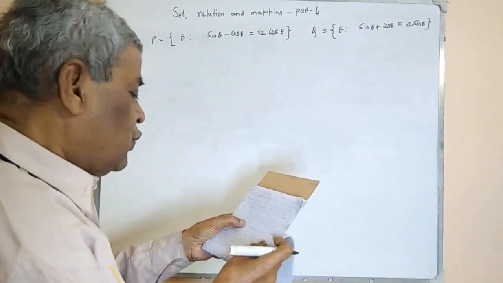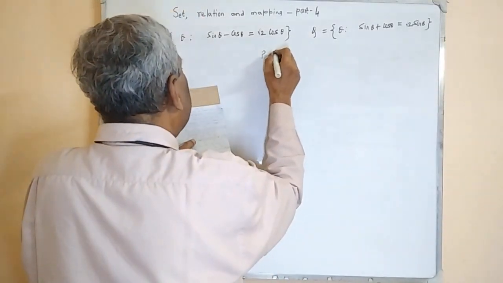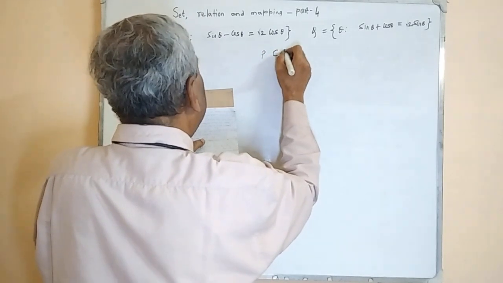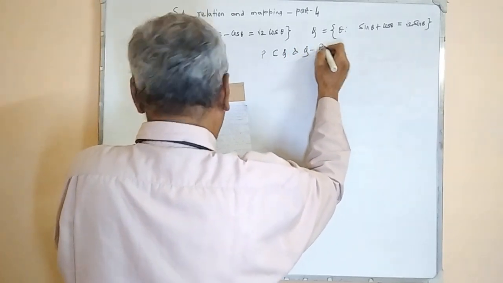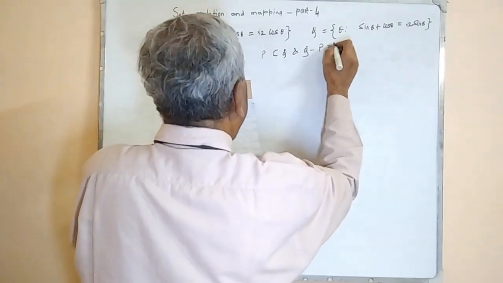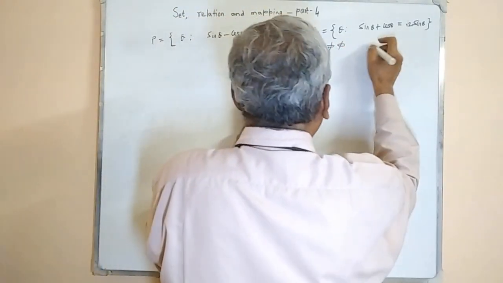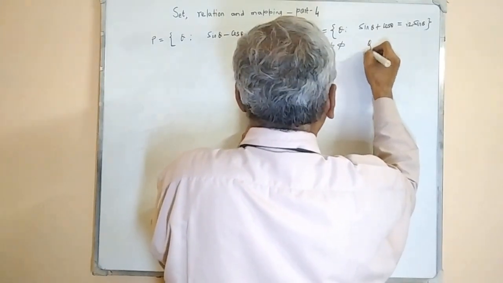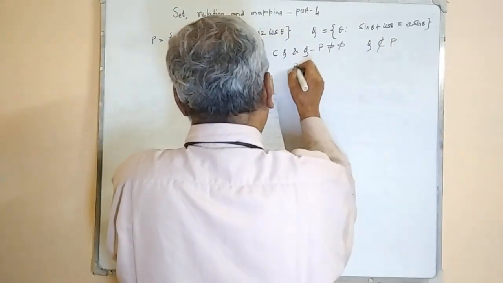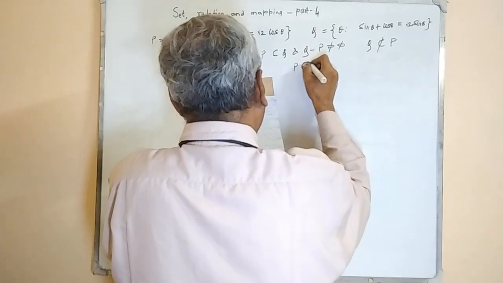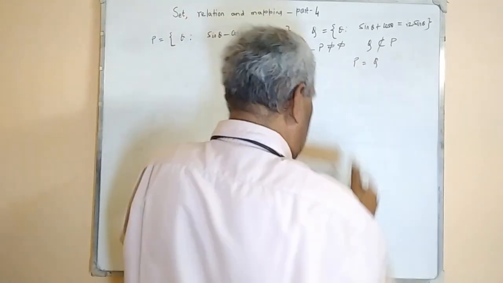Then which of the following is true? Number one, P is a subset of Q and Q minus P is not a null set. Second option is Q is not a subset of P. Third, P is not a subset of Q. And the last option is P is equal to Q.